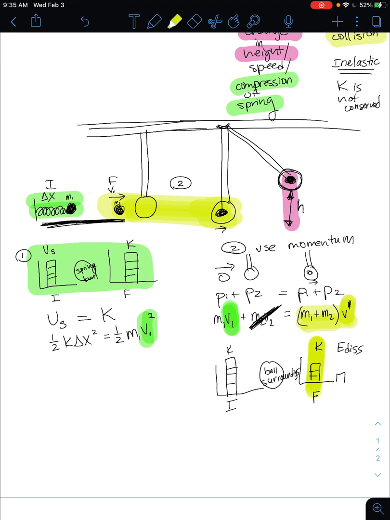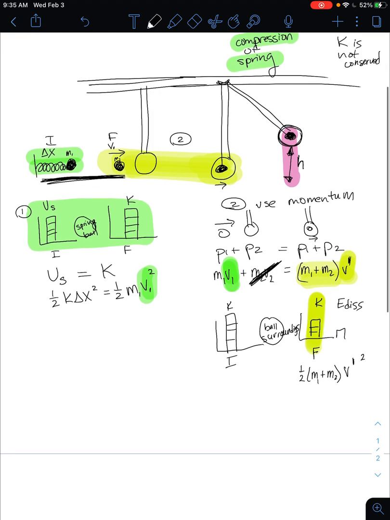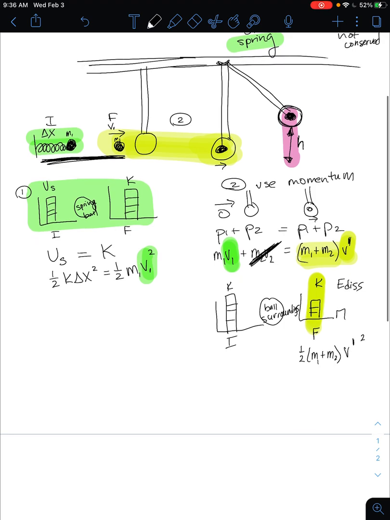The kinetic energy I have leaving the collision is going to be 1/2 both masses added together times their speed after the collision squared. Why is that important? Because really it's this energy that's equal to the gravitational energy at the end.